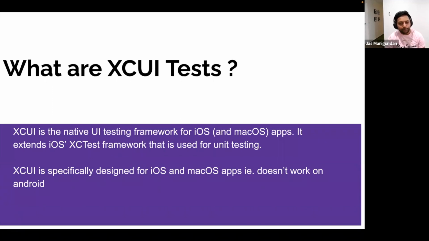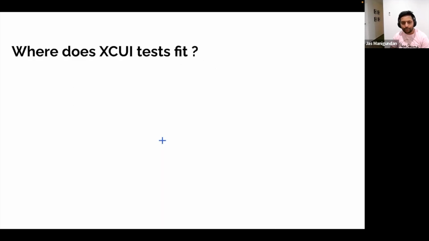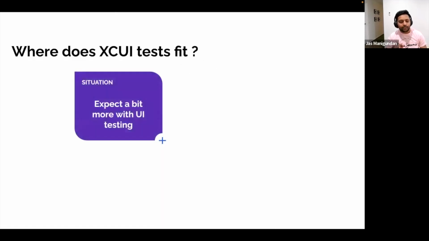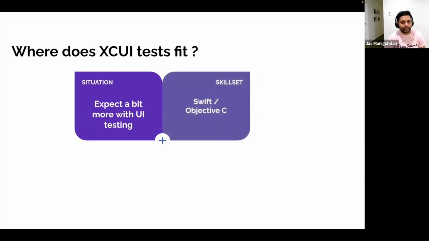This one pretty much takes care of the iOS side of things, but you can't use the same thing to run Android because this is specifically built for iOS by Apple. The scenario you'll be using this in is where you expect a bit more from UI testing. You want to be more performant, you want to write more different scenarios, and you're a bit more involved in the code. That's when you can use XCUITests.